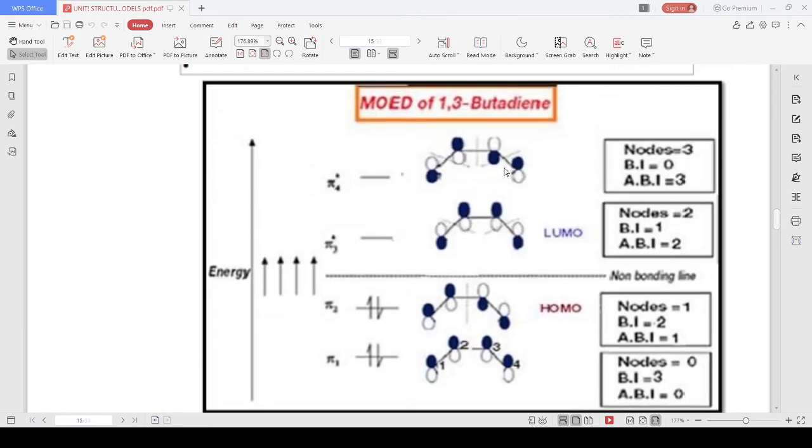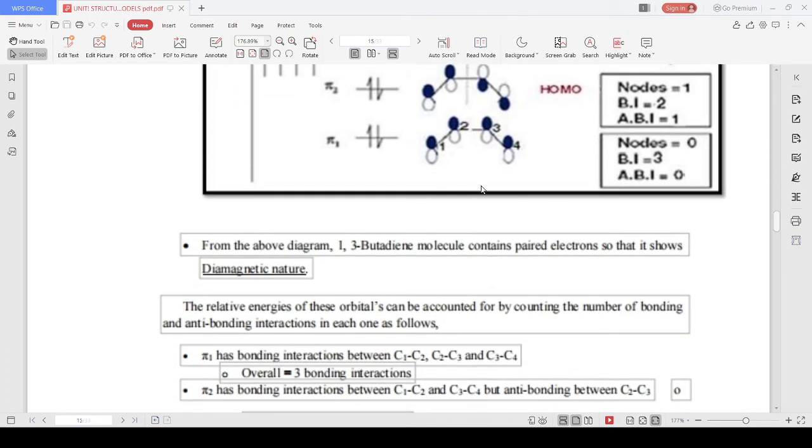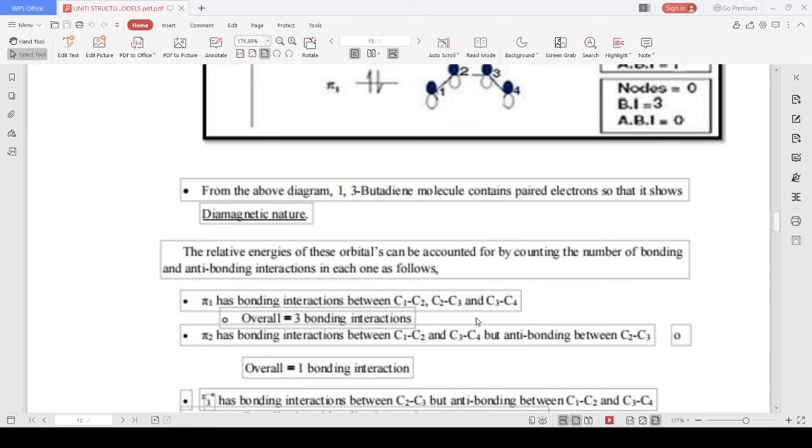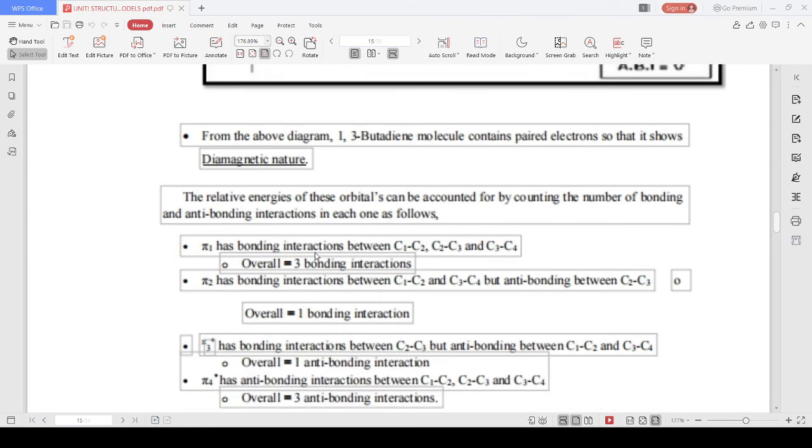The relative energies of these orbitals can be accounted for by counting the number of bonding and anti-bonding interactions. Pi 1 has bonding interaction between carbon 1 and carbon 2, carbon 2 and carbon 3, and carbon 3 and carbon 4.